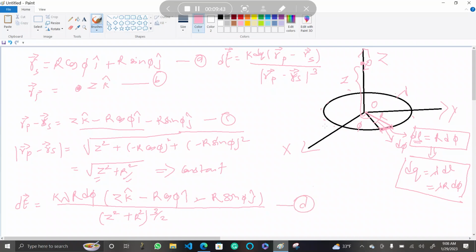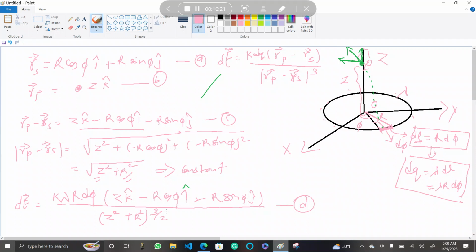Now we are interested in finding the electric field because of the entire loop. This is the expression of the electric field only because of this element. It has three components, along k, i and j directions.